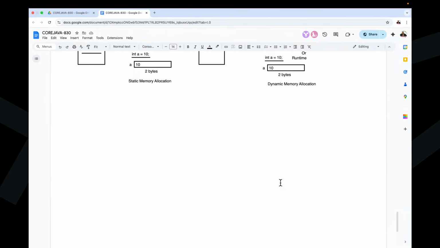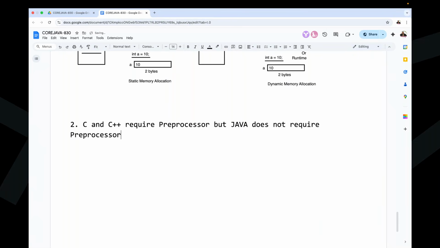Simple difference. Simple and easy difference. Second one. Right, sir. Now the second difference is what? C and C++ require preprocessor, but Java does not require preprocessor.